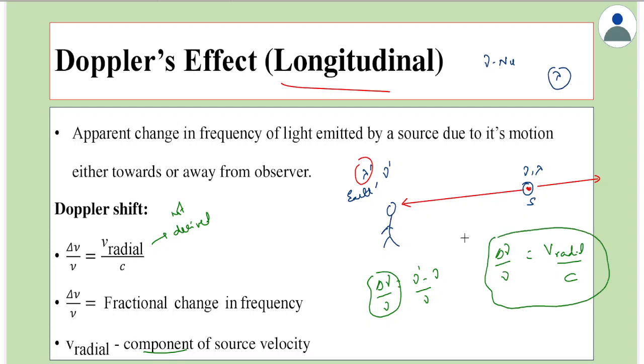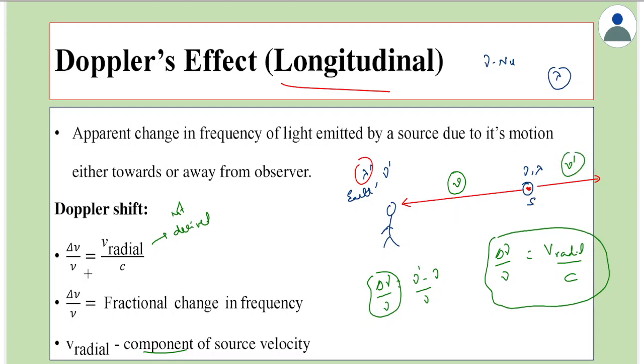In cases where the source directly comes to the observer or recedes along the same line of sight, with speed v or v dash, v radial is the same as v itself.